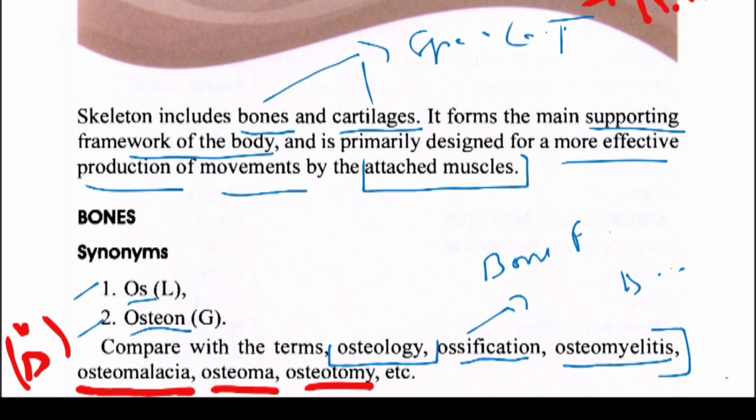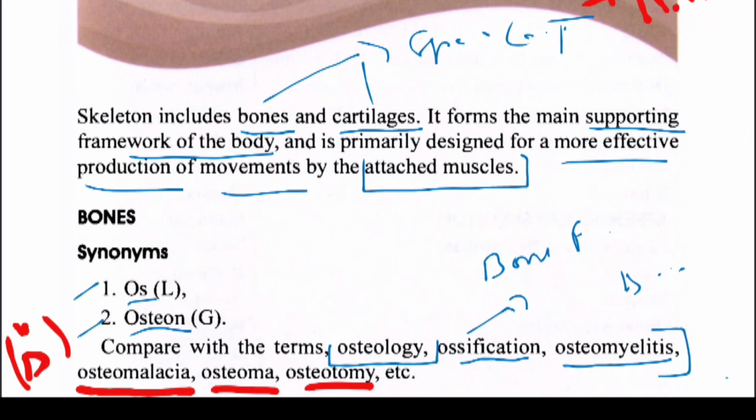And then if the outgrowth is coming from a soft tissue, then it is called heteroplastic osteoma. And then the last we talk about osteotomy. Tomy means cutting. It is basically a surgical procedure in which bone is cut to reduce the length or alter any deficiency. So this is about all the medical terms regarding the bones.